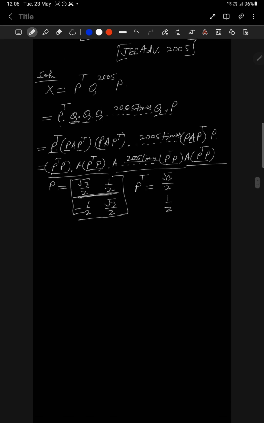P is equal to root 3 by 2, then 1 by 2 in the first row, minus 1 by 2, and then root 3 by 2. This one is the matrix. So P transpose will be written as: this row will be written as a column, meaning root 3 by 2 and 1 by 2, and the second row will change into the second column, minus 1 by 2, root 3 by 2.